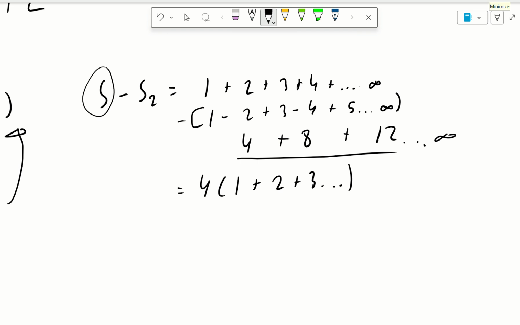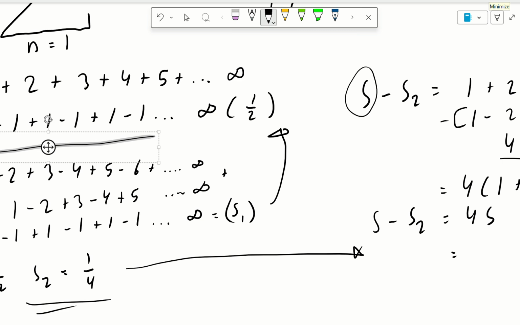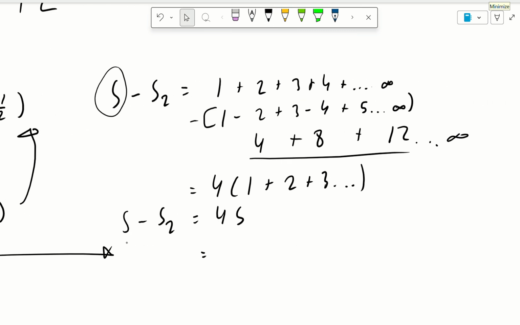So now we can write that S minus S2 is 4 times S. And we know that S2, if we go back here, is 1 over 4. We can say that S minus 1 over 4 is 4S. Now if we subtract S from both sides, negative 1 over 4 is 3S.